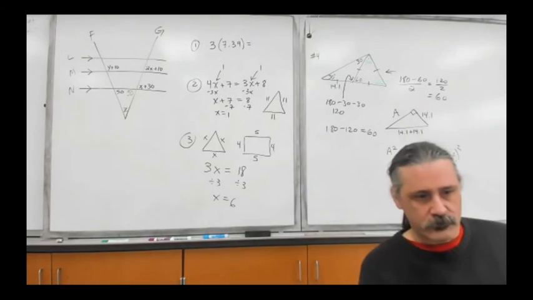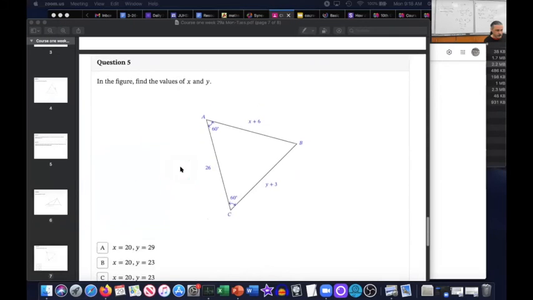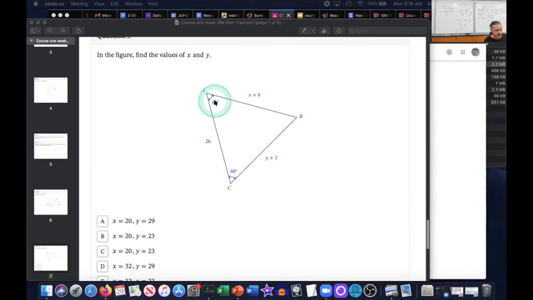Okay, again, that one was definitely tricky. All right, and this one wasn't too bad because since you know two angles are 60, that means the third one has to be 60. So this is equilateral. And since you know one side's 26, that means the other two sides have to be 26.